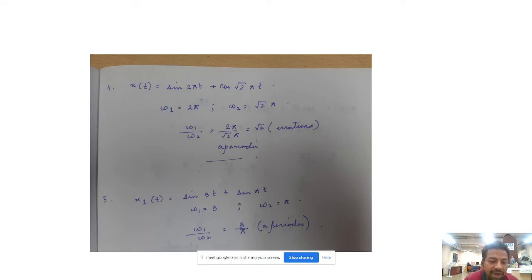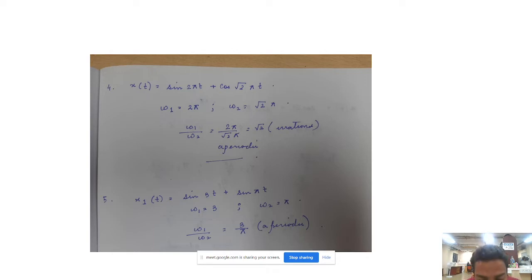So let us have another question, and here x1 of t is equal to sine 3t plus sine pi t. Here omega 1 is equal to 3. If we compare with the fundamental sinusoidal signal, x of t is equal to sine of omega t, and compare sine of omega t with sine of 3t, we have omega 1 is equal to 3. Similarly, we have sine of pi t.